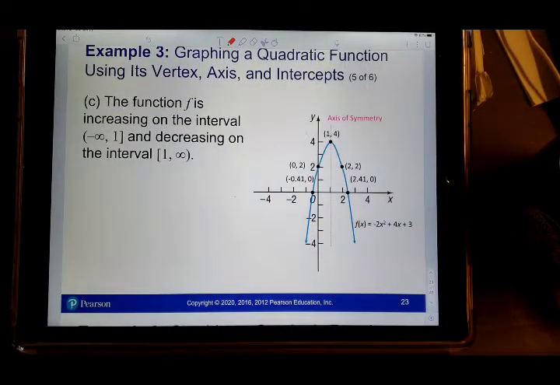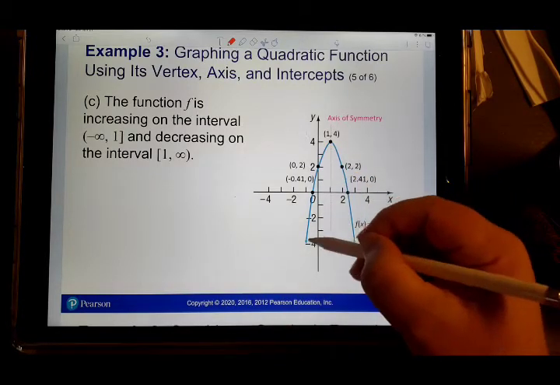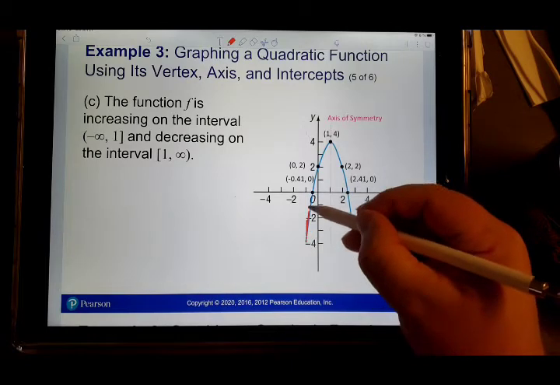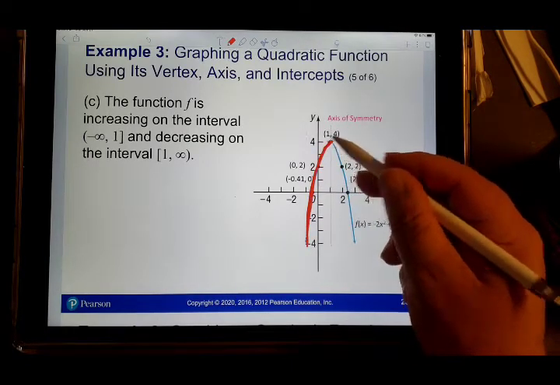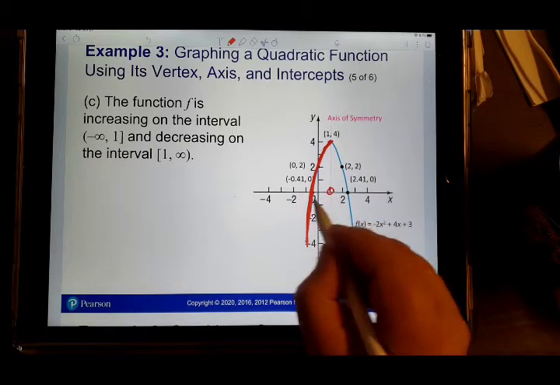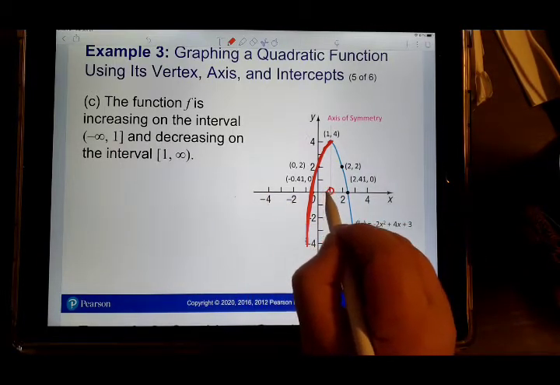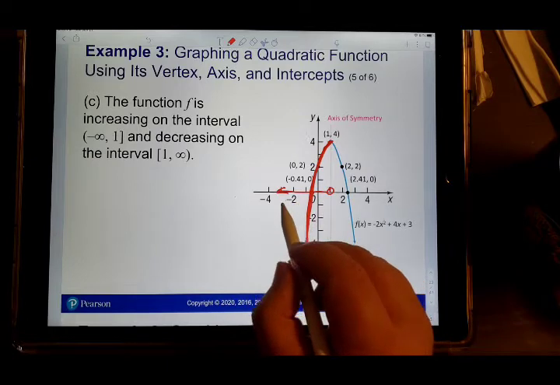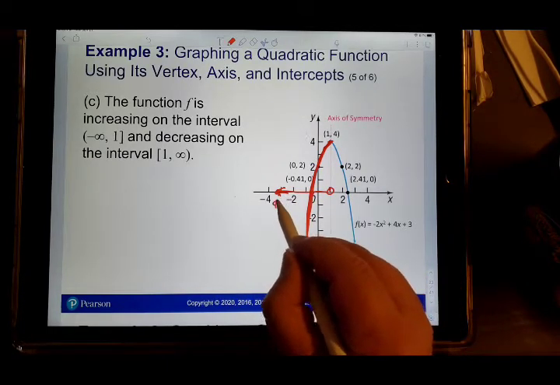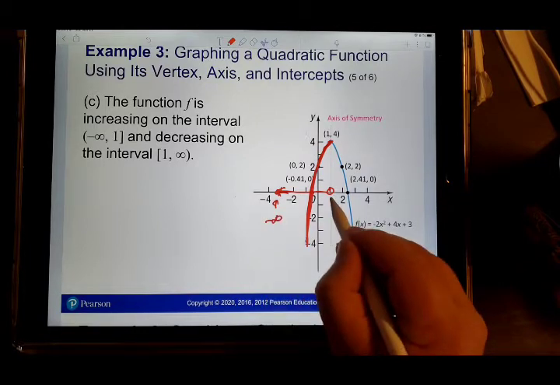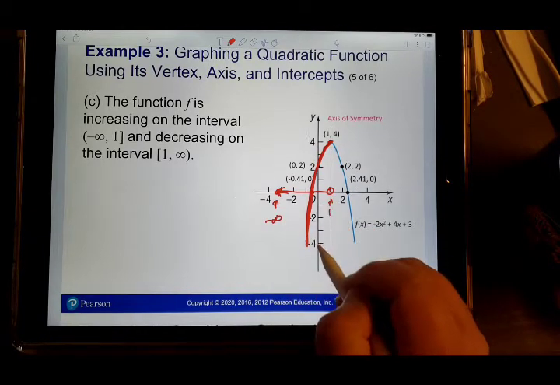All right. When is the graph increasing and when is it decreasing? Well, the graph is increasing from left to right on this piece right here. And what I want to do is look at the number line and see where that is. So on the number line, the graph is increasing from negative infinity to 1.